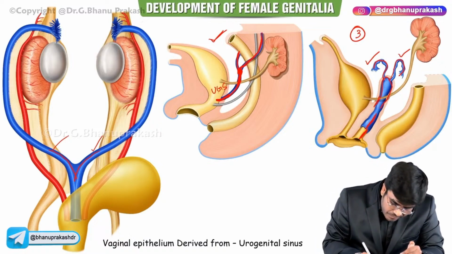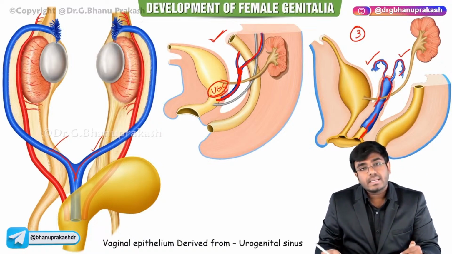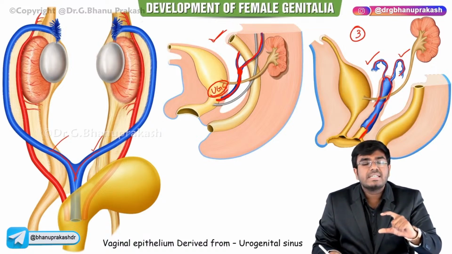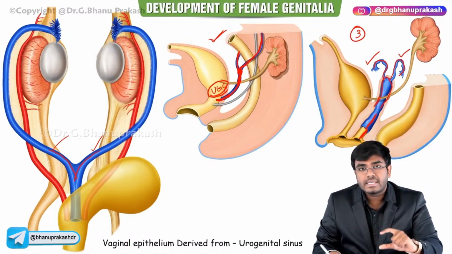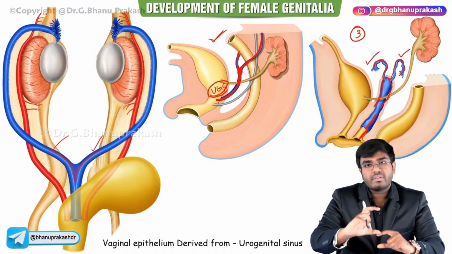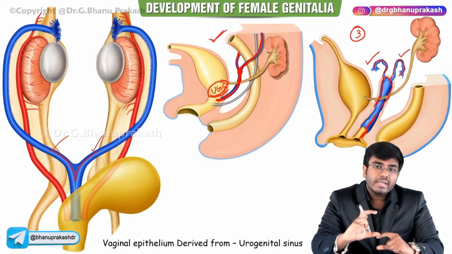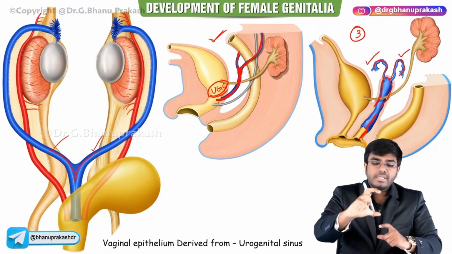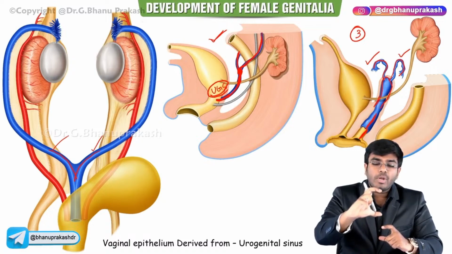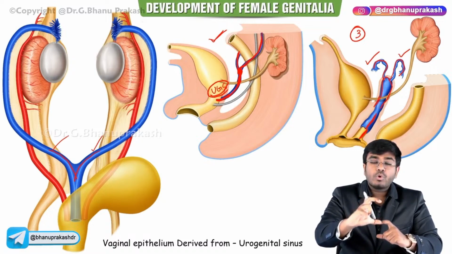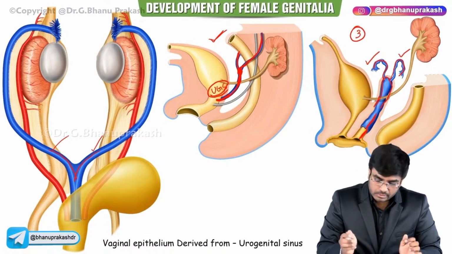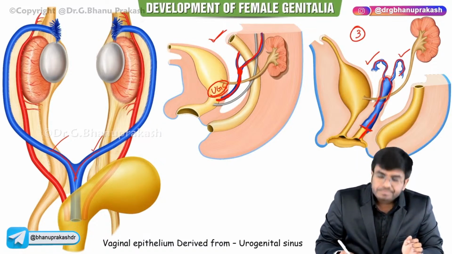It is nothing but our urogenital sinus. So I can clearly say that the lower one-third of the vagina is getting formed from the urogenital sinus, but the upper two-thirds of the vagina is coming from the Mullerian duct. So to have a normal, complete vagina, there should be proper fusion of the Mullerian ducts with the urogenital sinus. So there will be a normal vagina. This is what you can see over here.